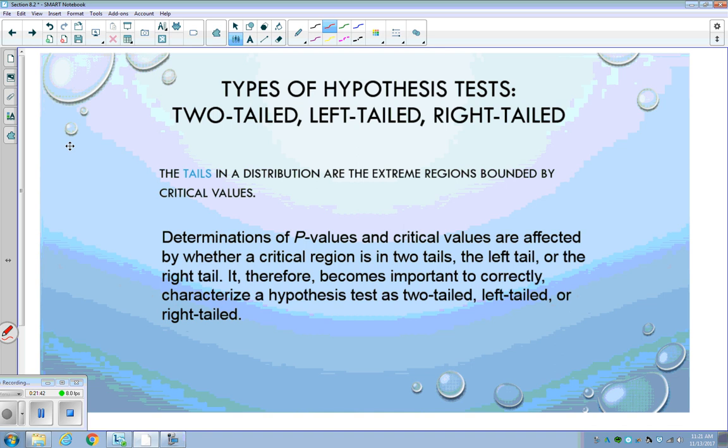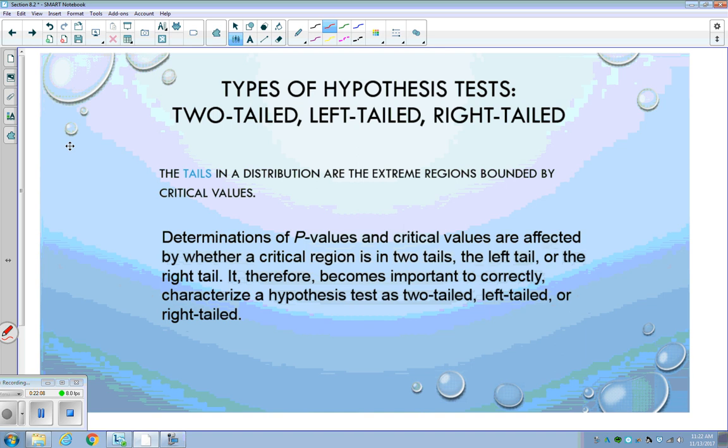So here's what has changed from what we've done so far this semester: the tails. You can have a one-tailed test or a two-tailed test.